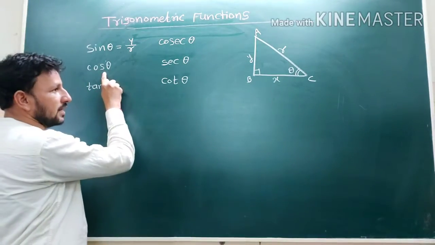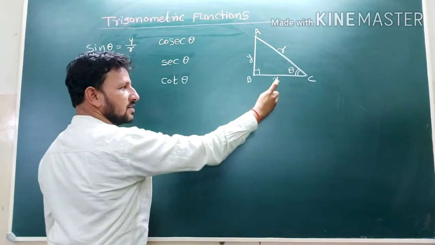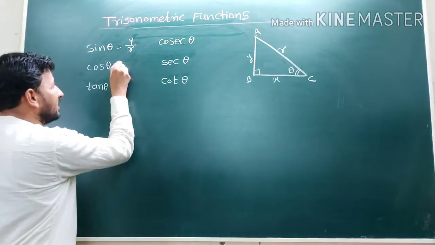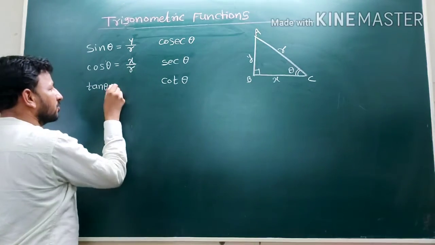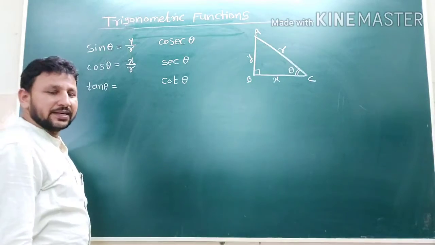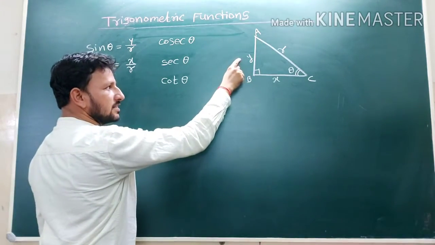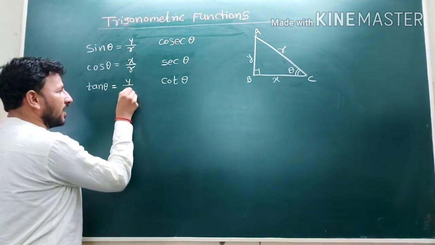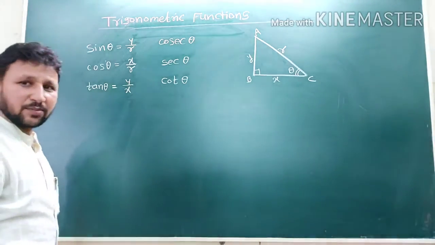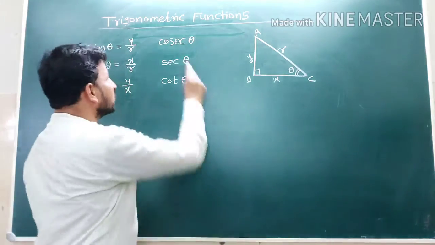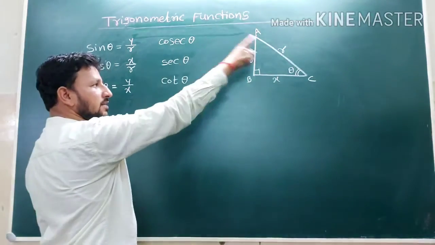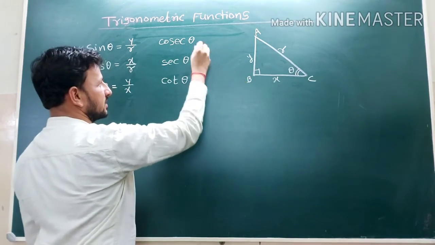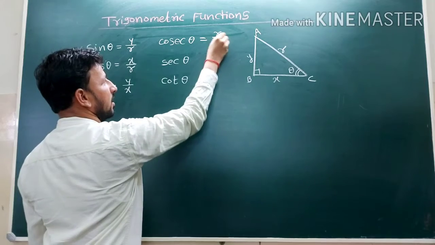Second is cos of theta. Cos of theta is given as the adjacent side divided by the hypotenuse, that is x divided by r. Third, tan of theta, ratio of the opposite side to the adjacent side, that is y upon x. In the same way, cosec of theta is given by the ratio of hypotenuse to the opposite side, that is r upon y.